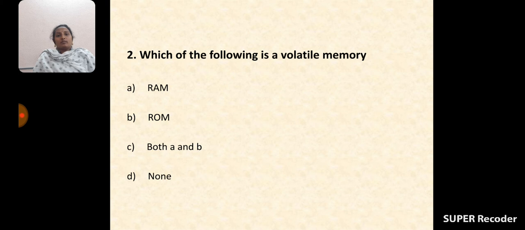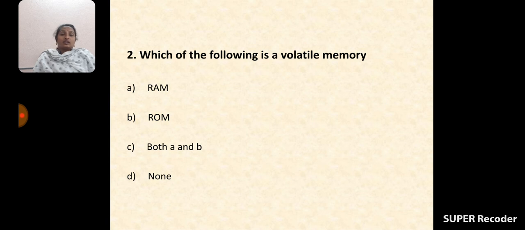But in ROM, the data is entered into the memory once, by the manufacturer only. It is not accessed by the user. Once the data is entered, it is permanently stored. Now we can only access the data, that means we can only perform the read operation. We are unable to modify the data or enter new data into that memory.